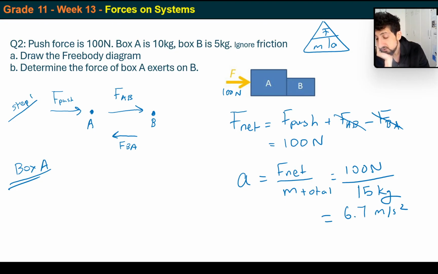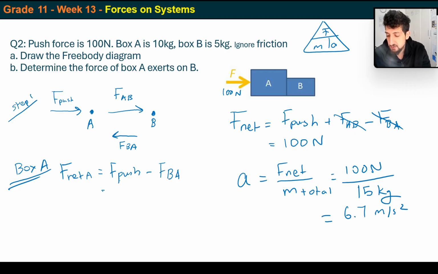Basically, the total force F net acting on A is going to be the push force F push minus that. And those are the only forces acting on box A. Remember, we're not looking at the forces acting on anything else. We're just looking at the forces acting on box A. So it's going to be that minus FBA.